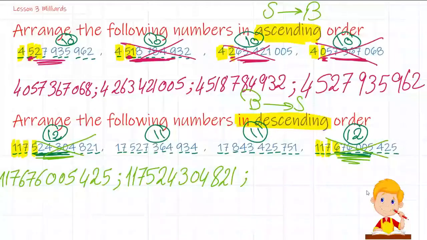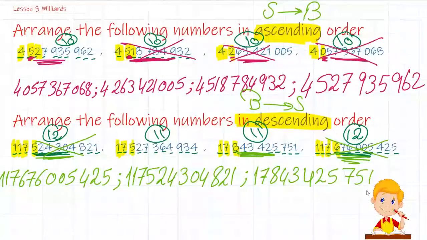We have here 11 digits and 11 digits. So let's compare from the left digit here. 1 and 1. 7 and 7. 5 and 8. So the biggest number here, of course, 8 is greater than 5. So let's write this number here. 17,843,425,751.